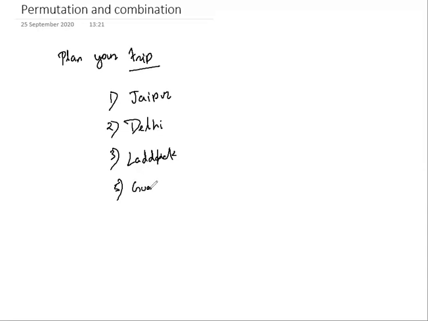Suppose I'm horrible at spellings. What was the spelling of Guwahati, by the way? Okay, it's four. Then fifth, I have to go to Patna, that's my hometown.